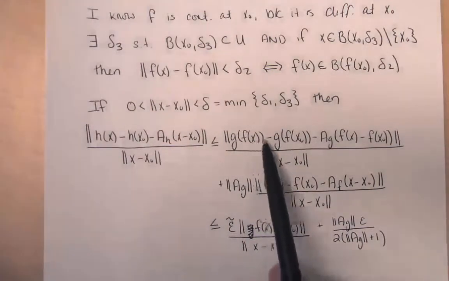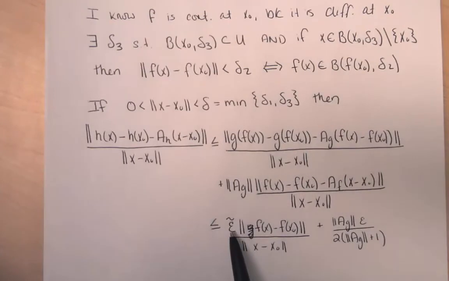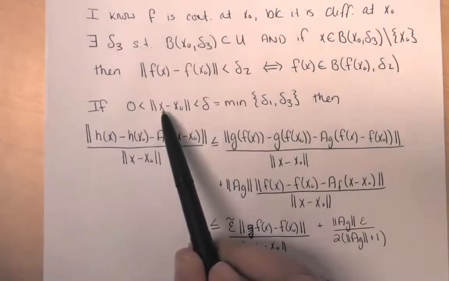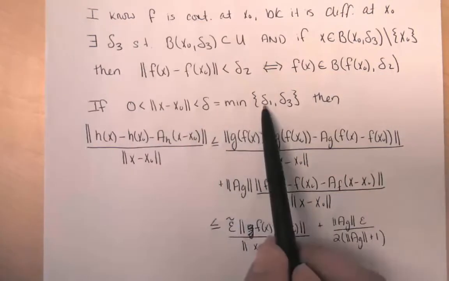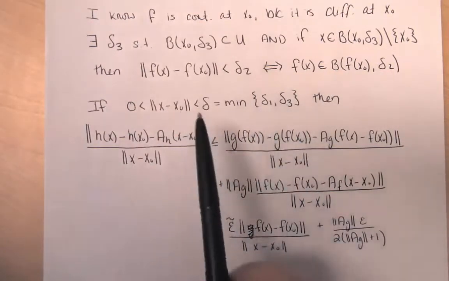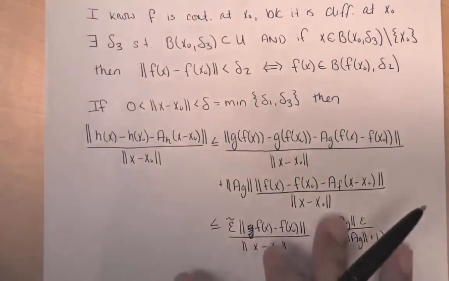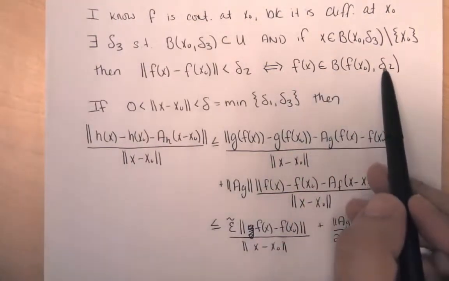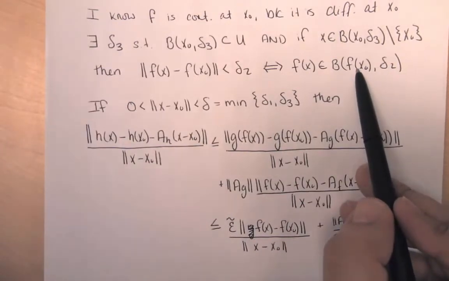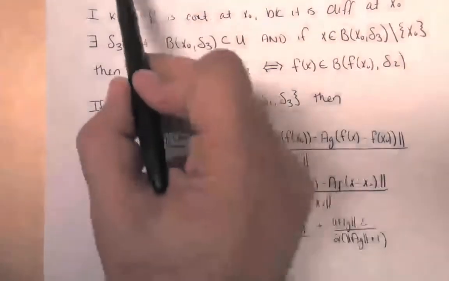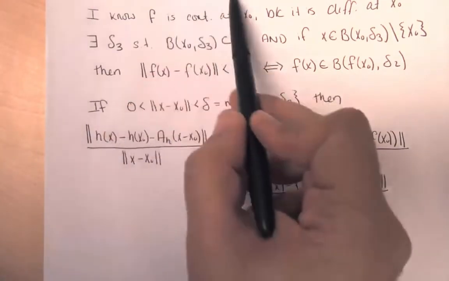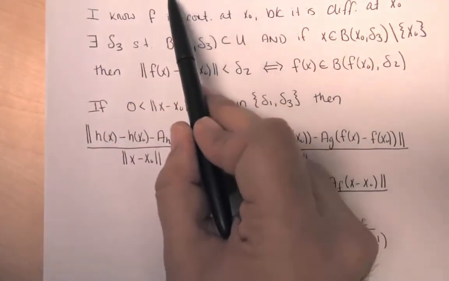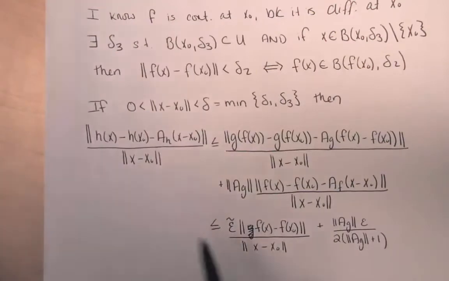Now, how do I know that this numerator is bounded by epsilon tilde times this? Well, because x is within delta 1 and delta 3 of x naught, that means f of x is within a delta 2 radius of f of x naught. That means f of x satisfies this condition, which means this is true for y equal to f of x, which is exactly what we have written here.